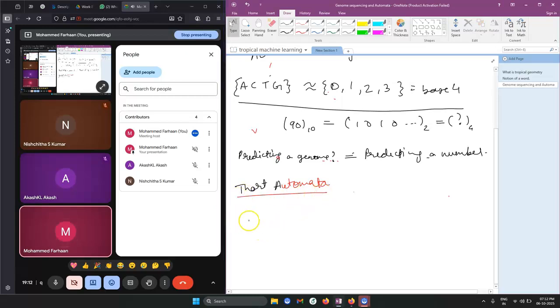Okay. So first of all, what is an automata? An automata, you can think of it basically as a state diagram where I have state 0, state 1, state 2, state 3, state 4. Let's just take 5 total states for now.